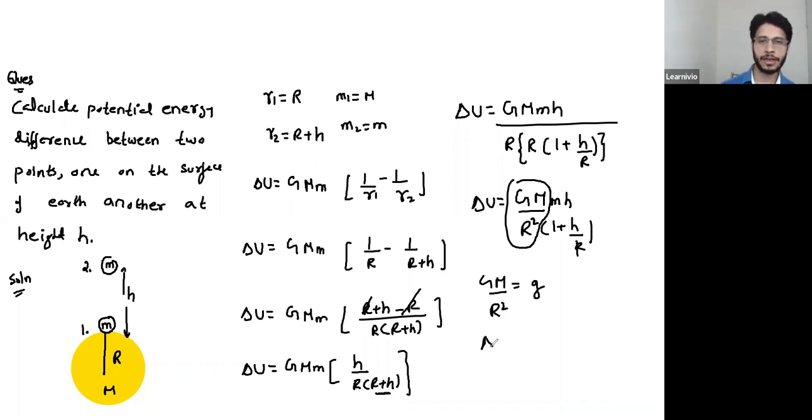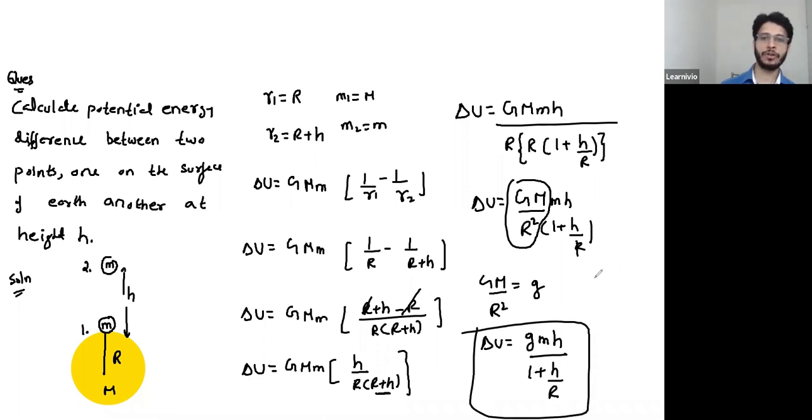So this delta U comes out to be mgH by 1 plus H by R. This is the change in potential energy. Now, if H, the height, is very, very less than the radius of Earth, then H by R is almost zero. If it's almost zero, then potential energy comes out to be mgh.